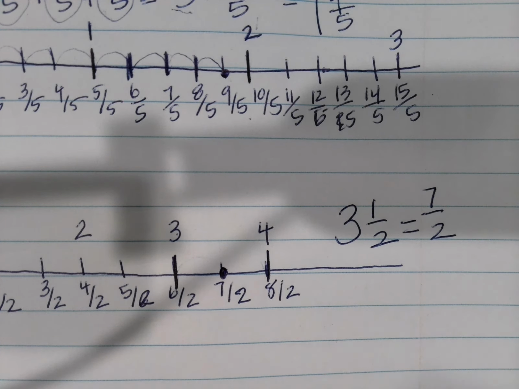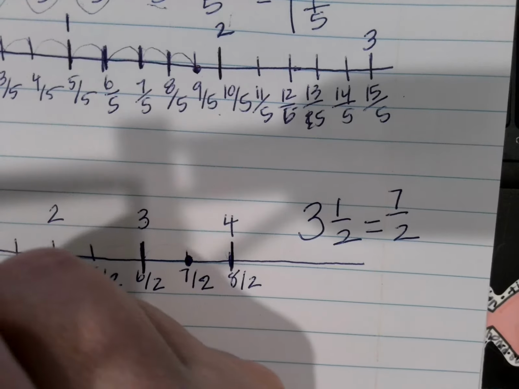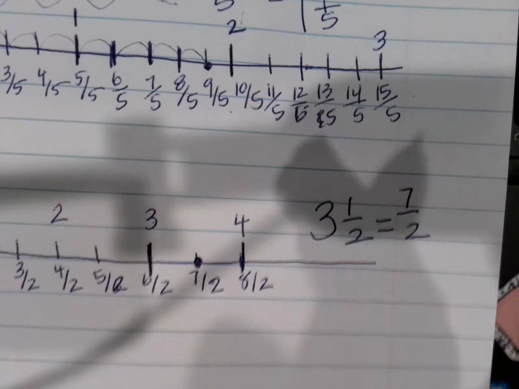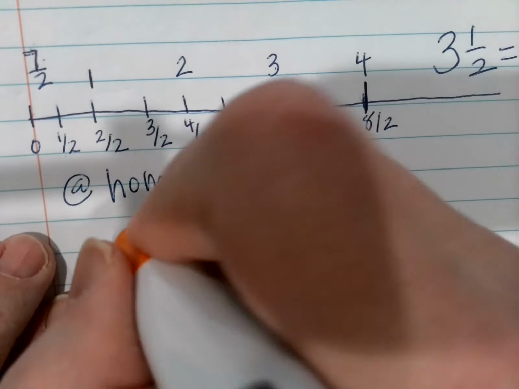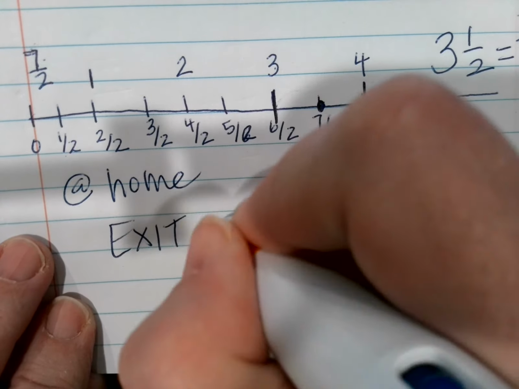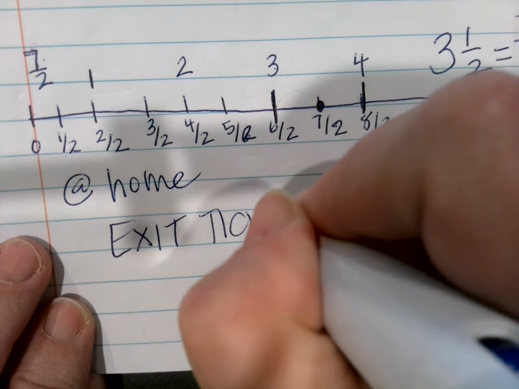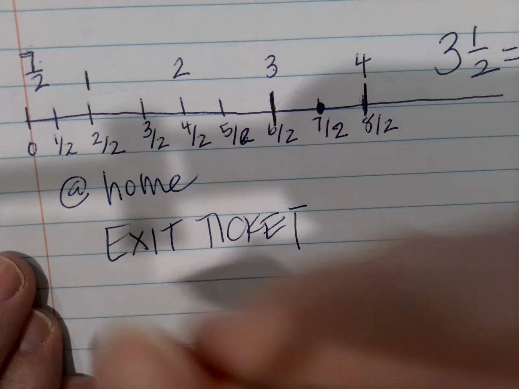If you're at home and you didn't come to class today, I want you to do your exit ticket. There's 4 problems there. And if you're at home, you need to do your exit ticket, which I'm going to have to pull up for you.